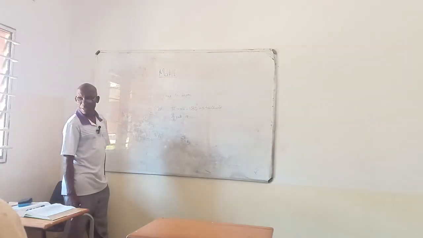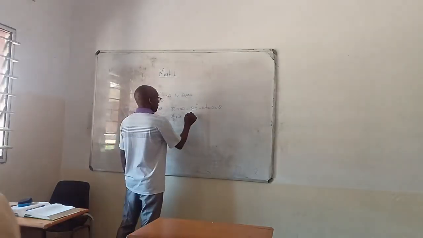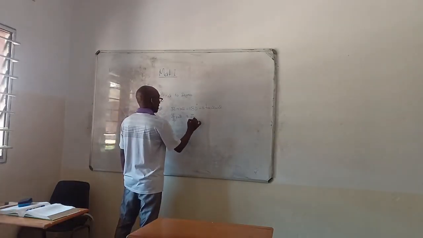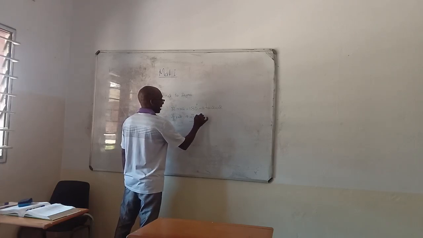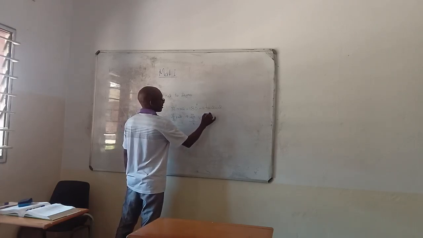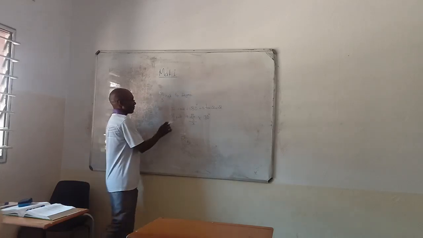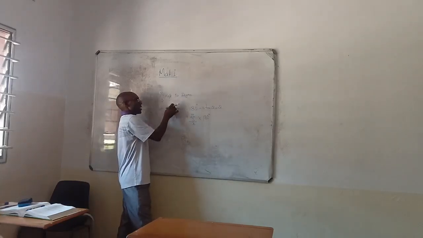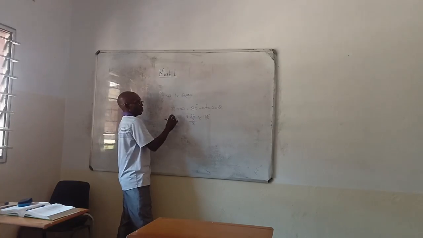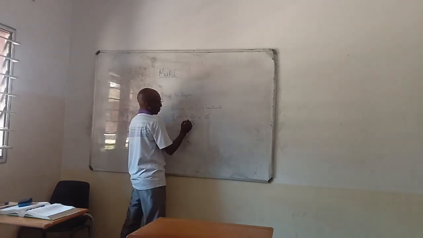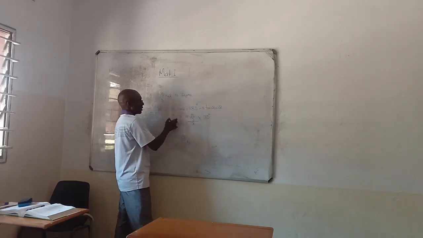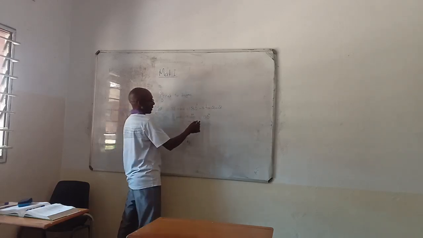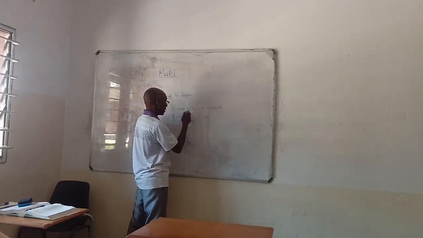Pi over 3 divided by pi, multiplied by 180. This goes on top, this goes down, multiplied by 180, right? So you are dividing here.